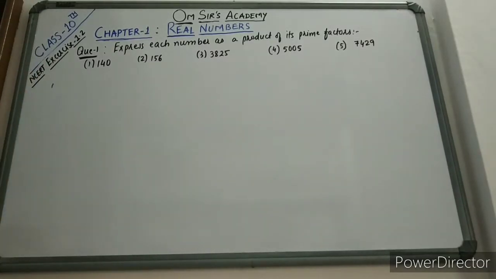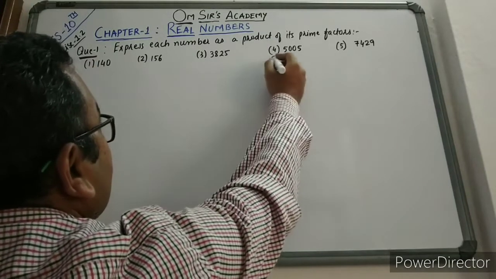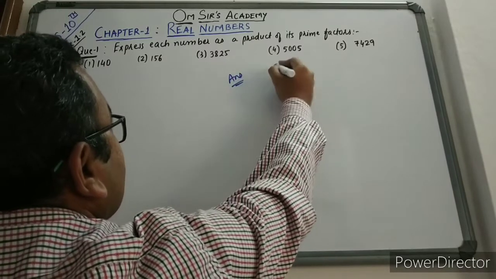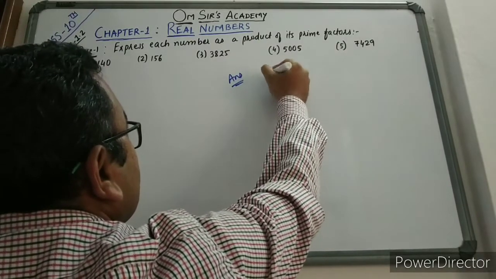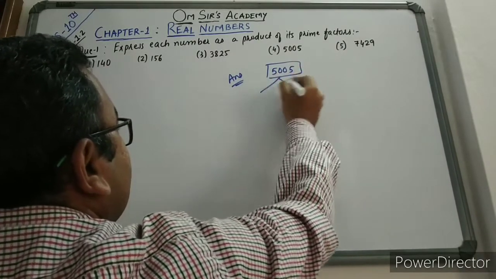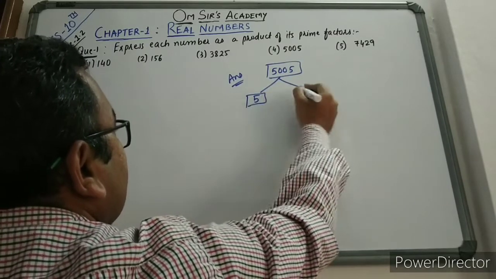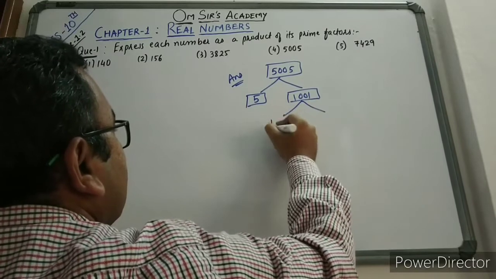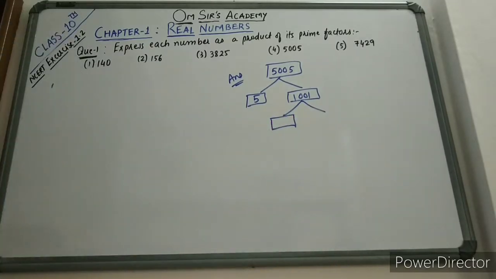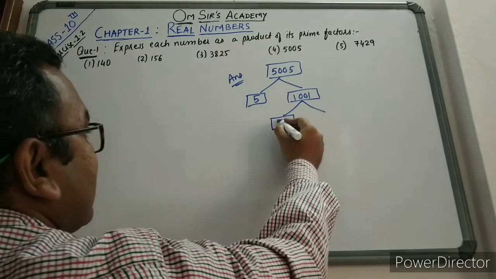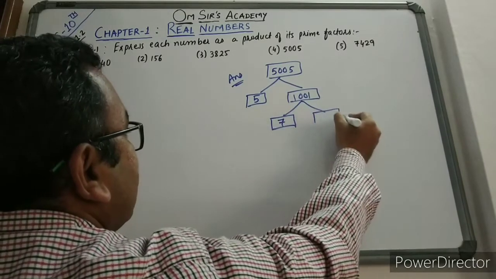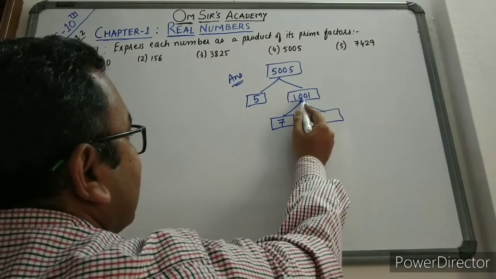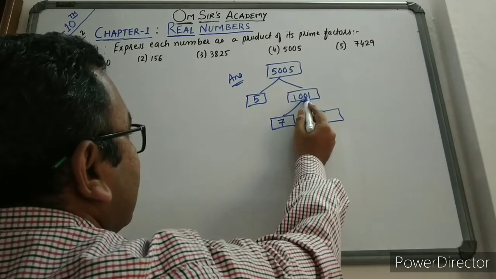That is 5005. So what are the prime factors of 5005? 5005 can be prime factorized by 5. 5 1001s are 5005. Then 1001 can be prime factorized by 7. 7 1s are 7, 3 will remain, 3 0 is 30.